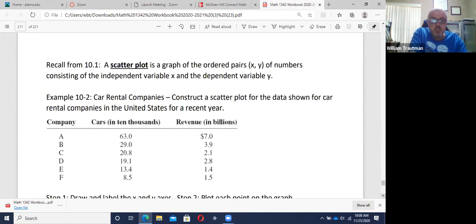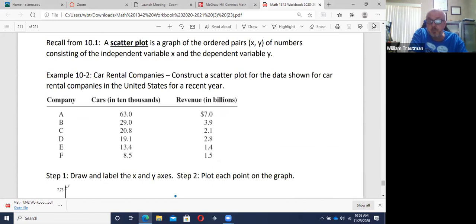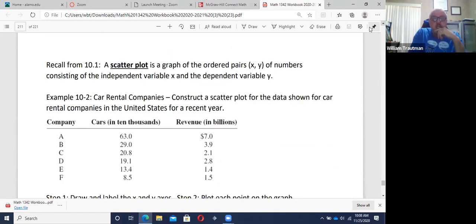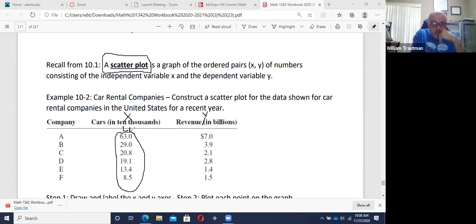So here's the first problem we're going to do on our calculator. We're going to create a scatter plot, which we did at the very beginning of the course. If you remember, these are going to be our X values, and these are going to be our Y values. In other words, we're going to type all these into L1 of our calculator, and type all these into L2 of our calculator.